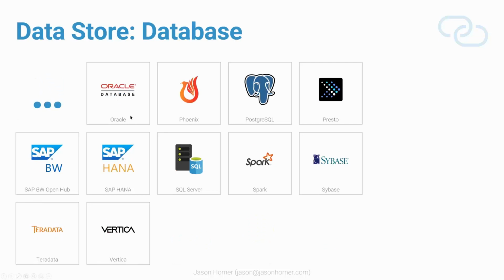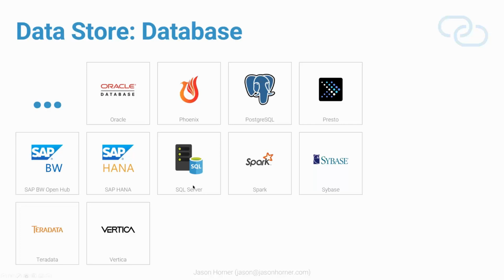Oracle, so I have a client that I just started working with the other day that we set up an Oracle connection to. What's interesting is that the integration runtime bundles the Oracle drivers as well as the Postgres drivers, so you don't need to separately install like the Oracle Instant Client, for example, or the Postgres drivers. Those are all bundled with the integration runtime, which greatly simplifies the deployment story.